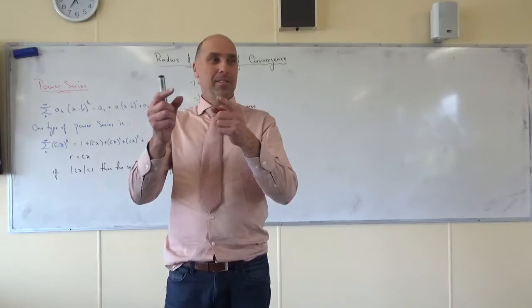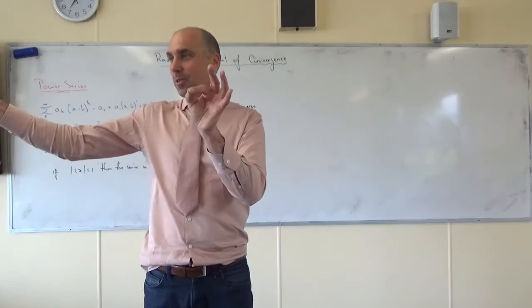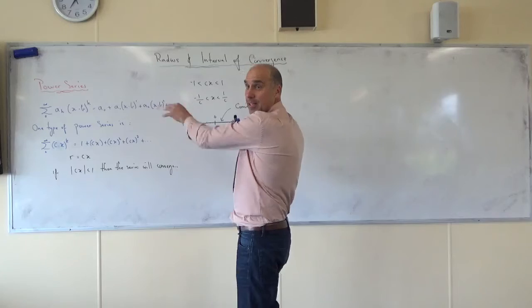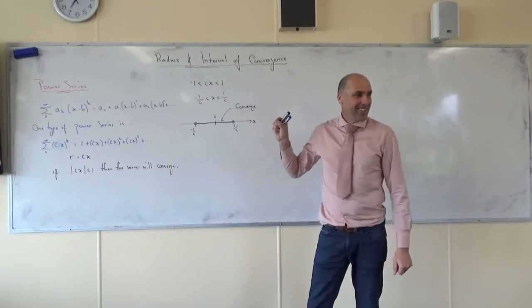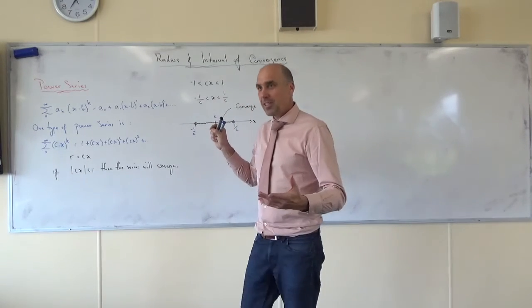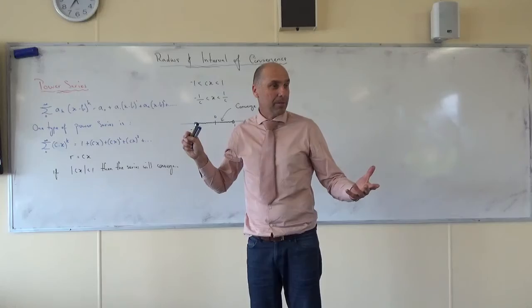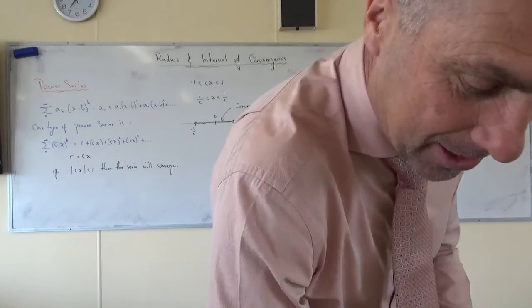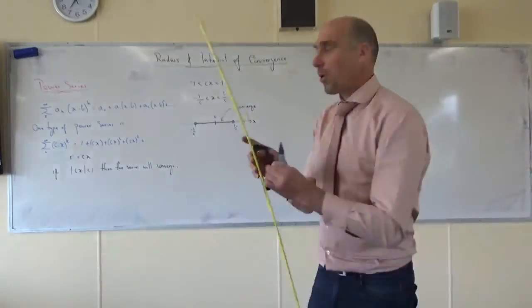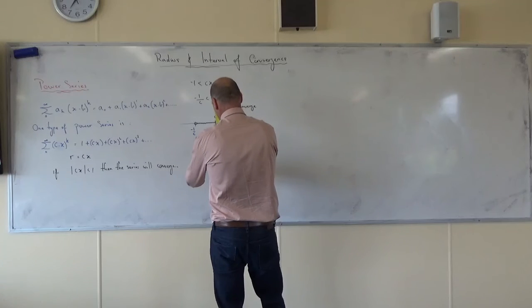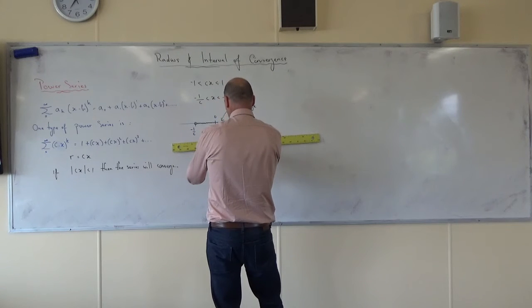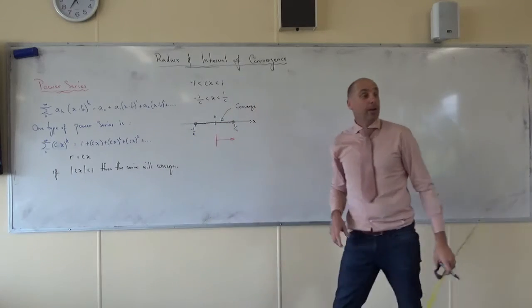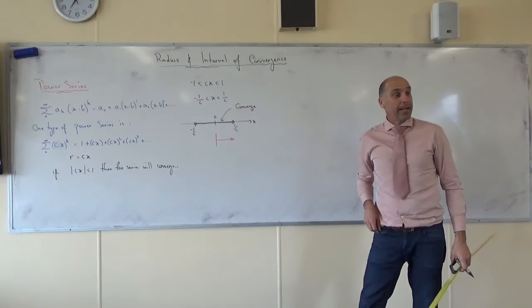It means the distance from the centre out to the extreme end on one side, and the distance from the centre out to the extreme end on the other side, isn't it? So my radius of convergence is an absolute value, it's always positive. What we actually call the radius of convergence is this value here. It's that value from the middle of the interval out to the extreme value of it.